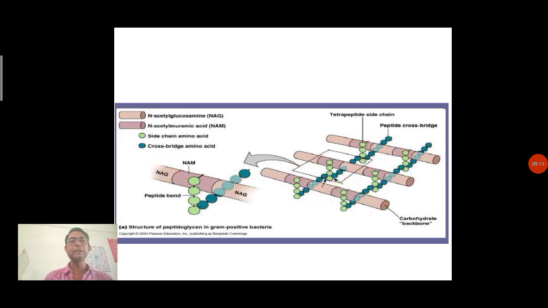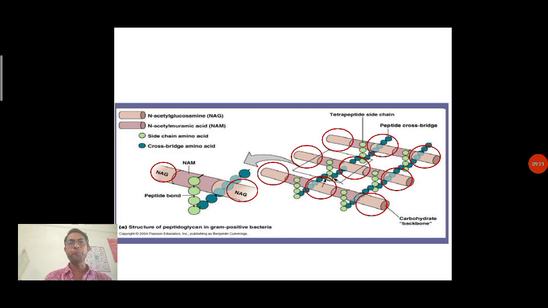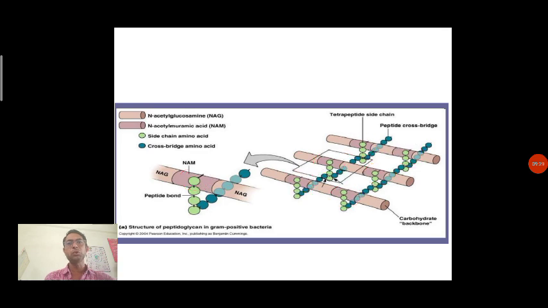Now here you can see this is the N-acetylglucosamine which is present over here, and side by side you can see there is a presence of N-acetylmuramic acid. So these are the N-acetylmuramic acid with attached peptide bonds, having the peptide bonds with the side chain of amino acid.